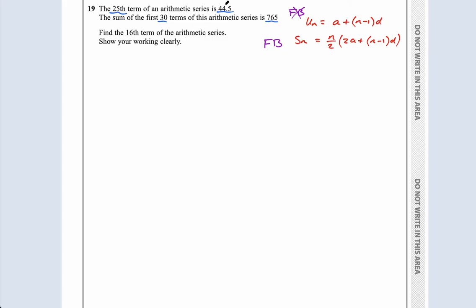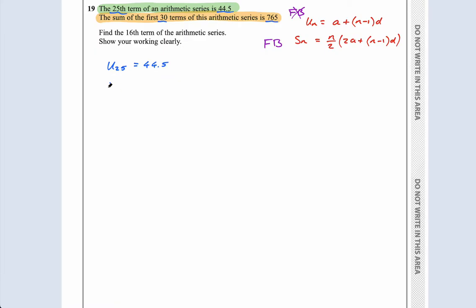And this bit of information here we will use for our first equation, and then this bit of information here we'll use for our second equation. Okay, so let's look at the first one. The 25th term is 44.5. So that means u of 25 is equal to 44.5, the 25th term.